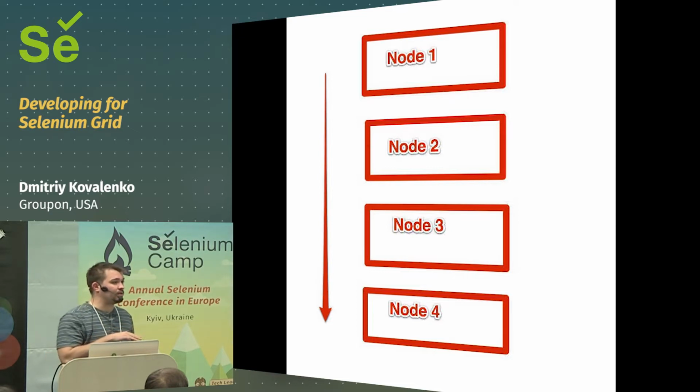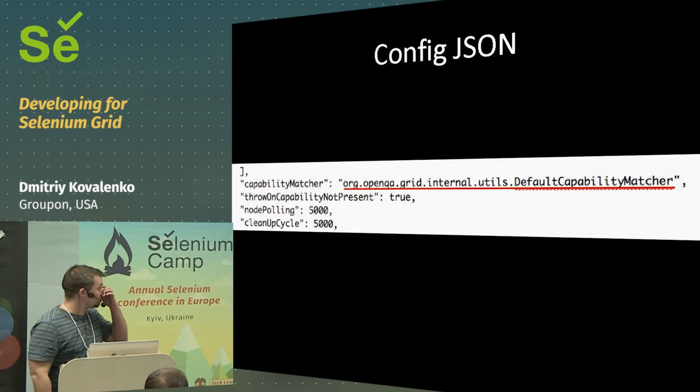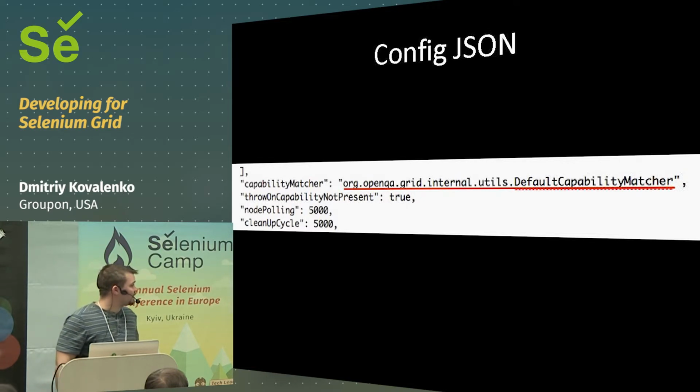That's the default logic. So if your node says I can have 3 instances, it will fill up those 3 instances before making node number 2 do any work, which is very frustrating. So in the config, all you would have to do is override. By default, it will be the default capability matcher. But whatever one that you write, you just override it at that point.